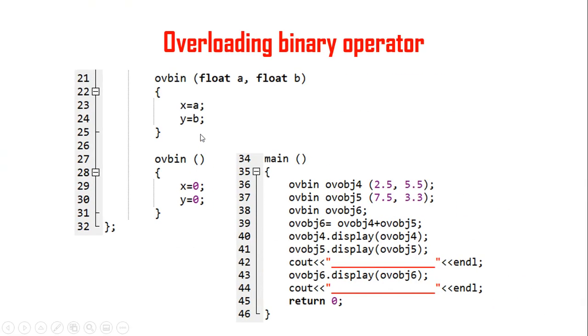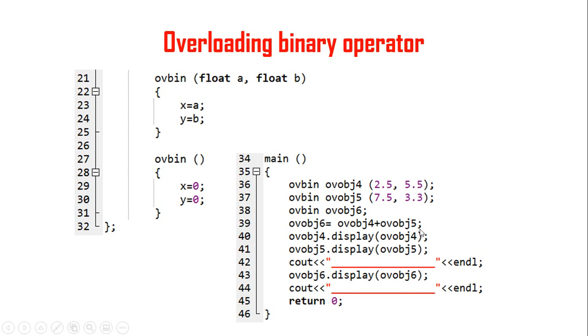now overloading binary operator, this is the program we had discussed earlier. So this plus symbol is basically an overloaded operator here. Okay. So now here on the left hand side we have one operand called obj4. So object 4 will be the object that invokes the overloaded operator.